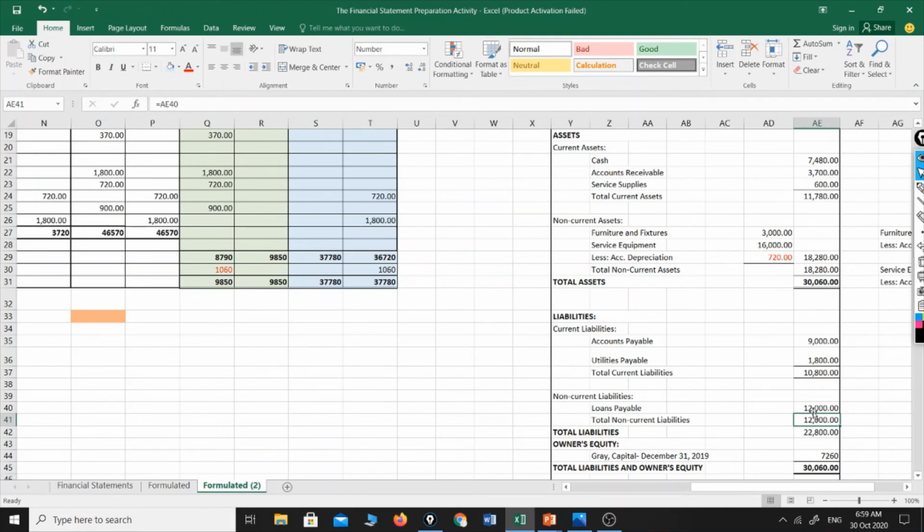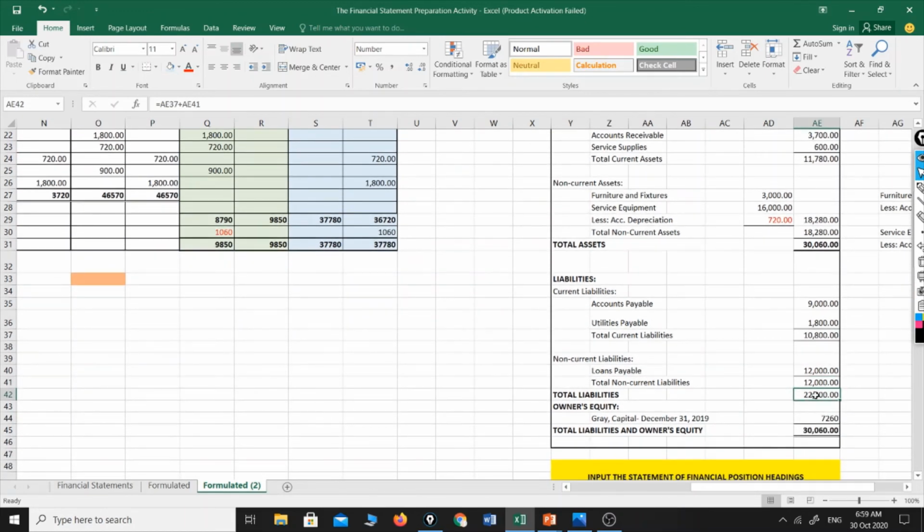When you total the non-current liabilities, of course, that is still 12,000 since we only have one non-current liability. So we add all our liabilities, and we came up with this amount, 22,800, or simply total current liability 10,800 plus the total non-current liability, which is 12,000.